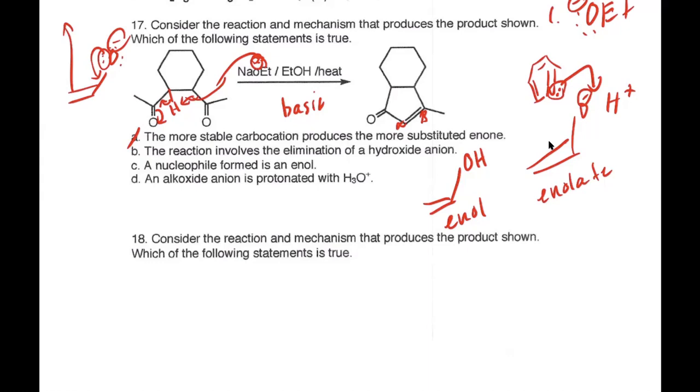If they wanted it to have a then H3O plus step, that's a different story. But there's no H3O plus to be found here. You only have ethoxide and ethanol. And so we want to cross that one out. And so what answer should we go with? B. Yeah, for sure.